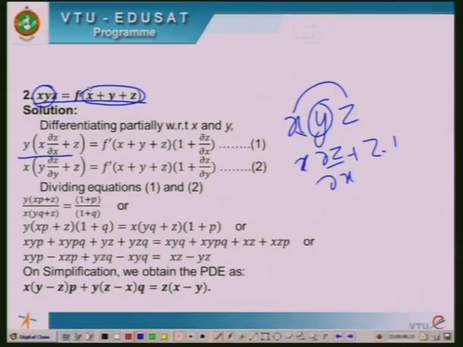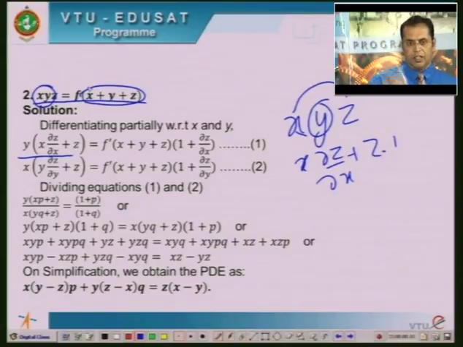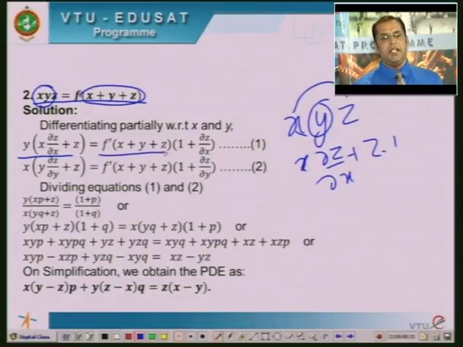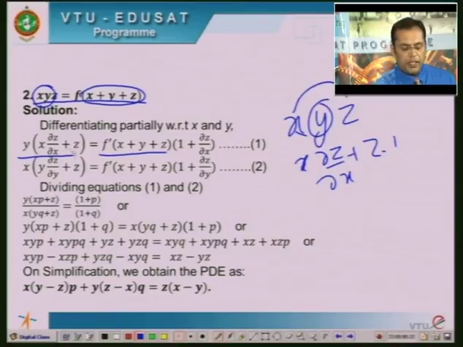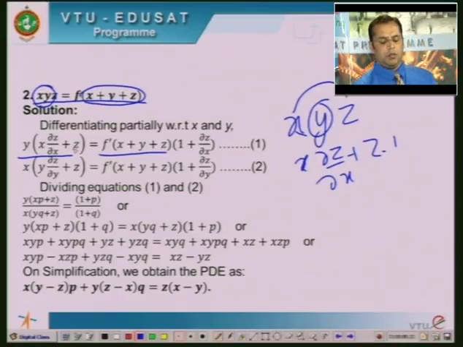First differentiate the function f, like you have seen in the previous slide. f becomes f dash of (x plus y plus z) into the derivative of (x plus y plus z) with respect to x, which is 1 plus dou z by dou x. So, if you use notations, this will be y into (xp plus z) equal to f dash (x plus y plus z) into (1 plus p).